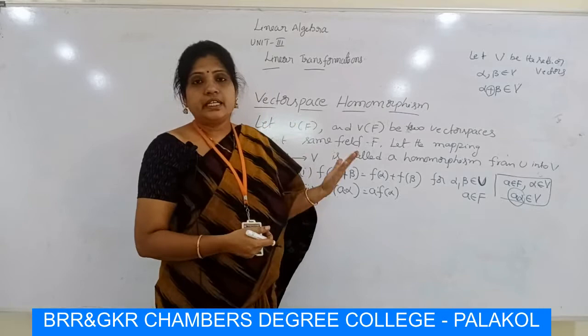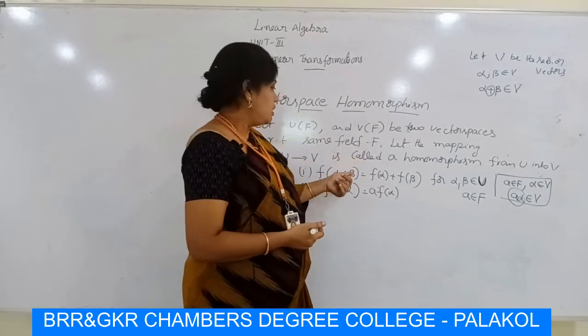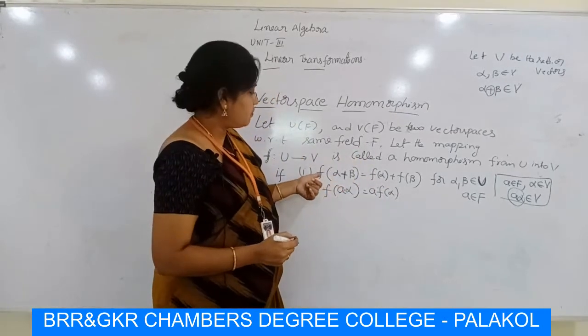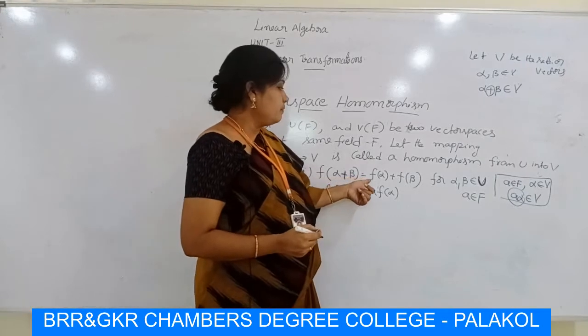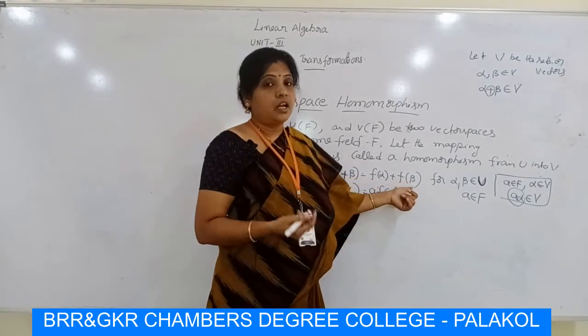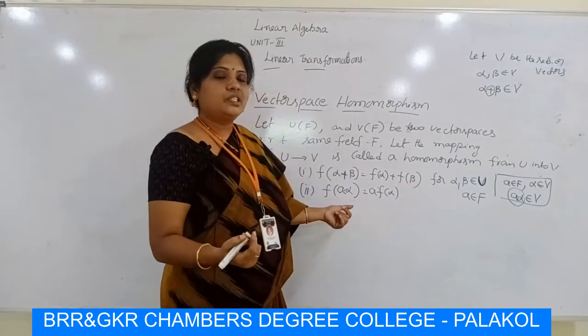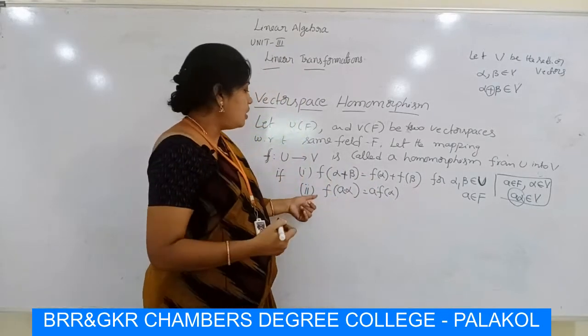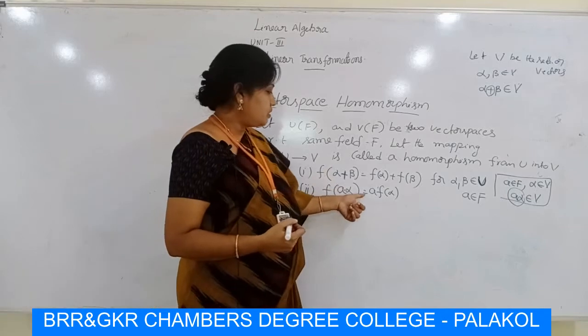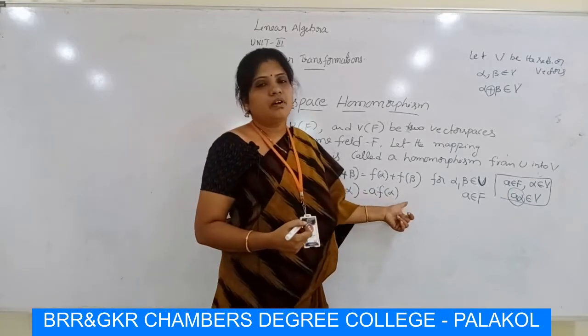For the addition of vectors, we take one condition, f of alpha plus beta is equal to f of alpha plus f of beta, and for the other composition, scalar multiplication, f of a alpha is equal to a into f of alpha.